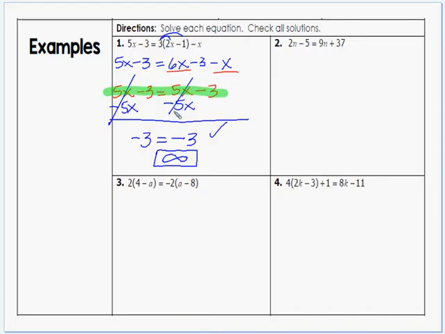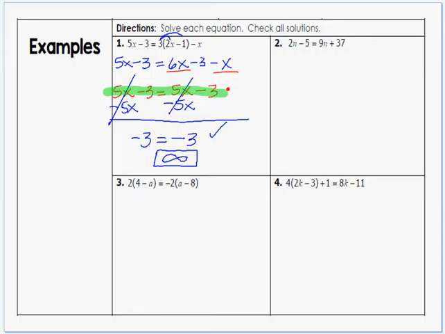We didn't have to go as far as we did here by trying to just get rid of the x's to show that the numbers were equal. Both sides were the same. So you could have stopped here and shown the same type of solution. So we wouldn't have to keep going. If you see that, you see that. If you don't, you don't. And we would just keep going anyway.